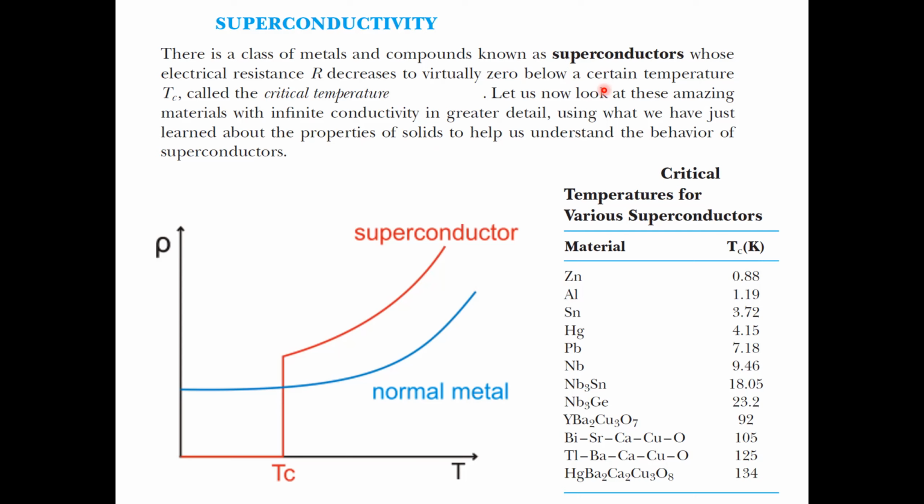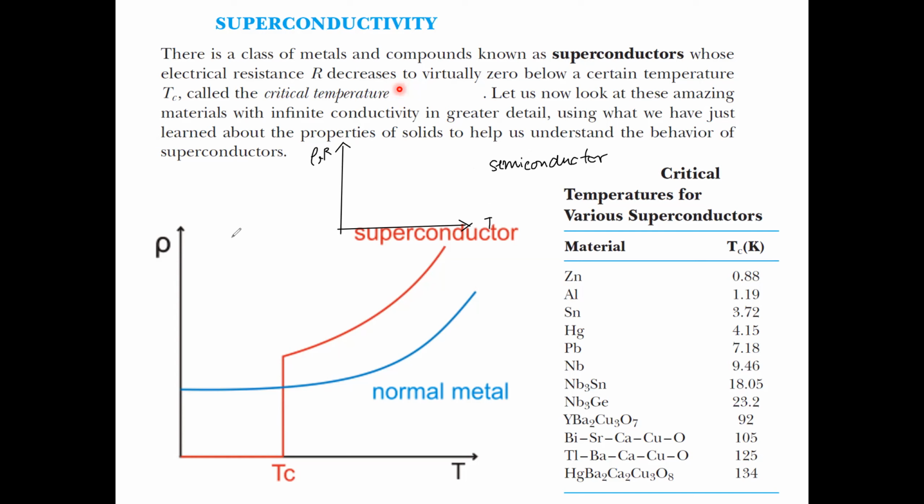Okay, I almost forgot to tell you what the graph of rho versus T looks like for a semiconductor. So you have rho or R versus T for a semiconductor.